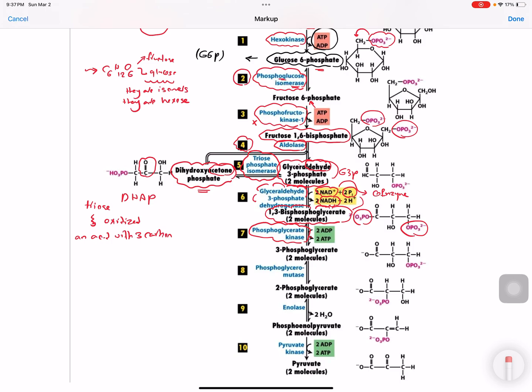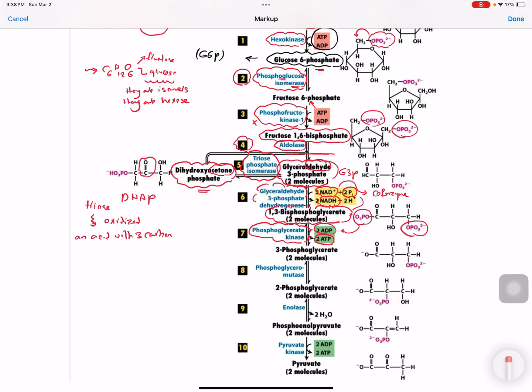By using this enzyme, 1 phosphate group is added to ADP for producing ATP. But because after the fourth step we have 2 molecules that contain 3 carbon, this process leads to formation of an acid that is called pyruvate.